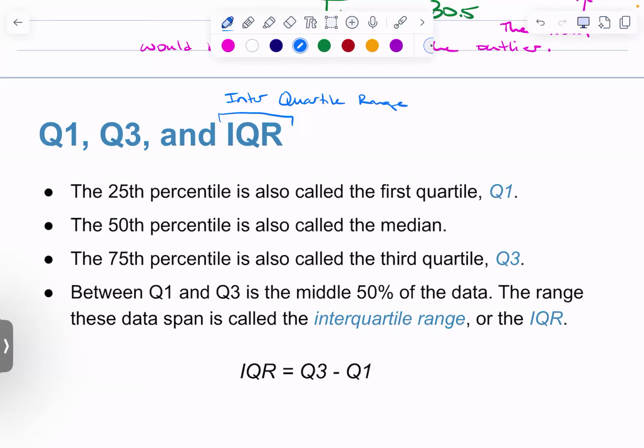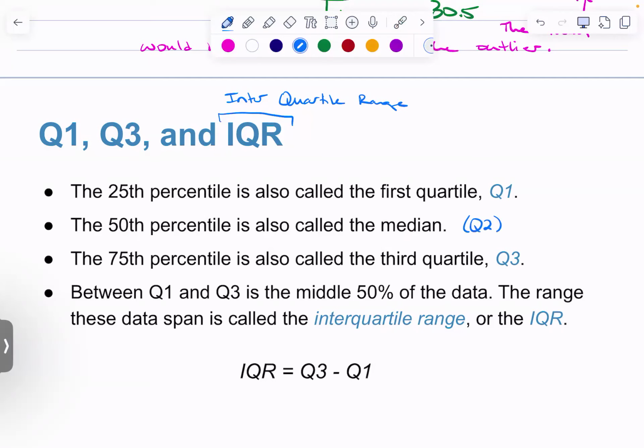So let's start there. The 25th percentile is also called the first quartile, which we write as Q1. It has 25% of the data below it and 75% of the data above it. The 50th percentile we've already seen because it's the median. If you wanted to, you could call it Q2, there's nothing wrong with that.